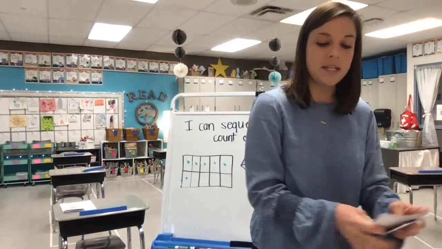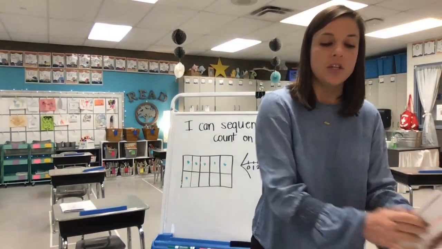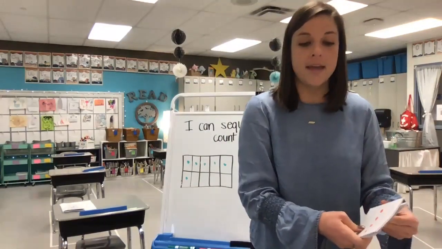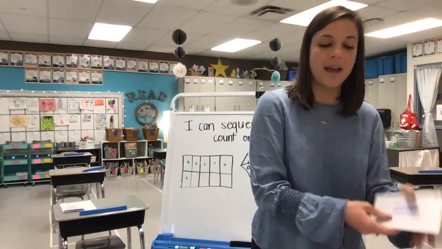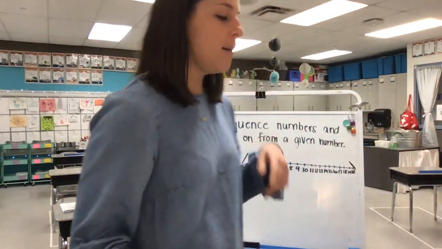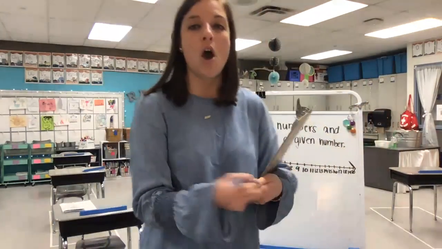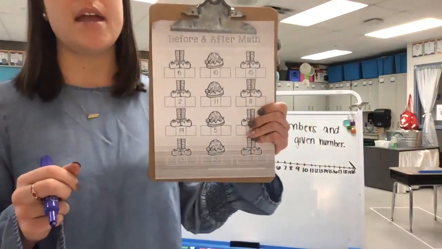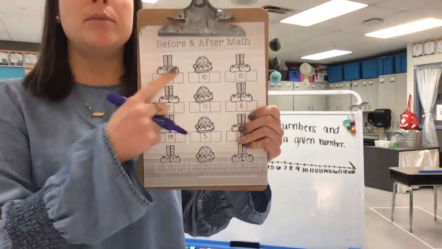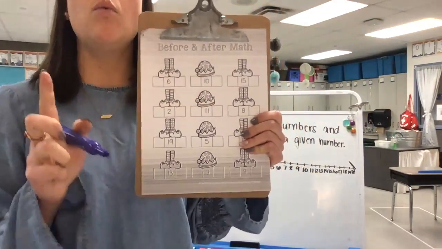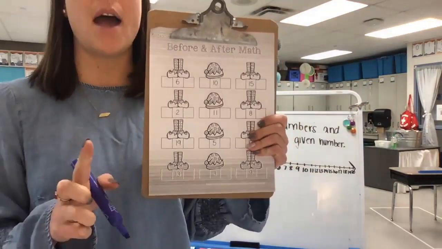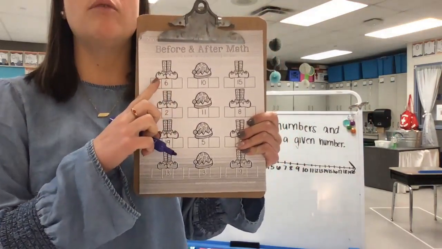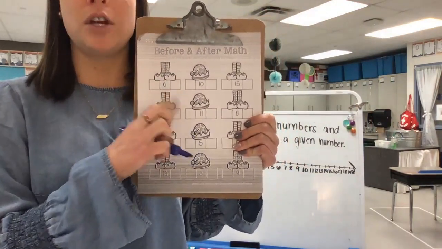We also have some teen numbers on our activity sheet today. So when we go over our examples together, we're going to kind of skip around. So stay with me. I'm going to use a marker so you can see on my paper the numbers that I write. But I want you to use pencil in case you need to erase. So on each of these problems with each of these pictures, there is 1 number in the middle box. There's a blank box before and a blank box after.